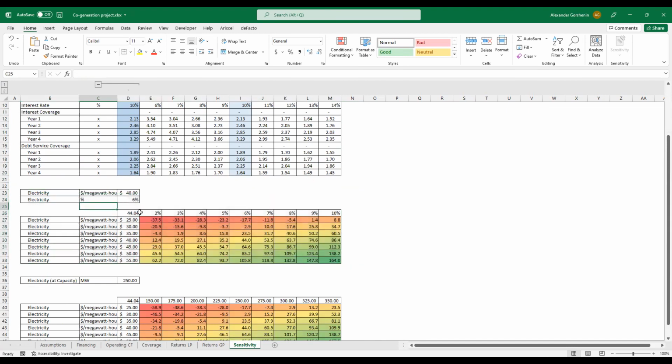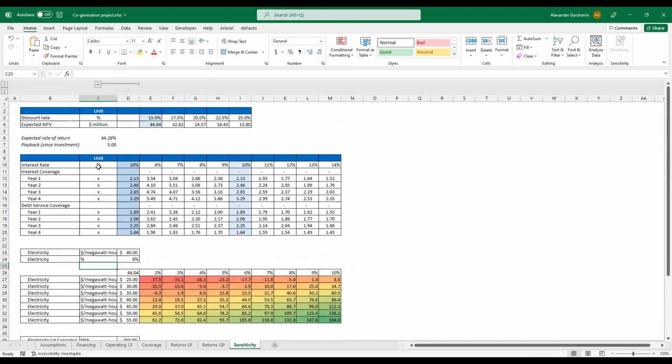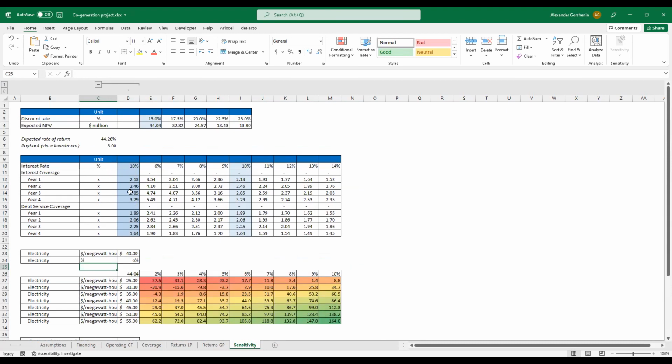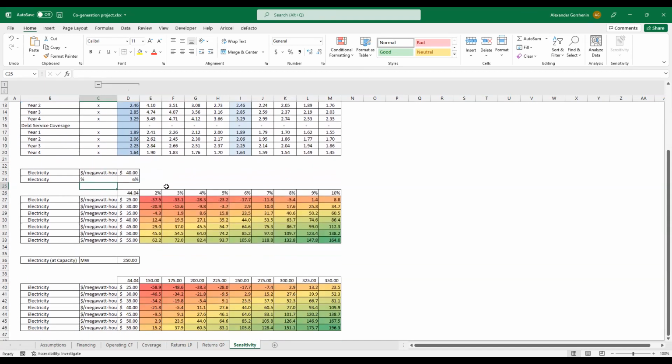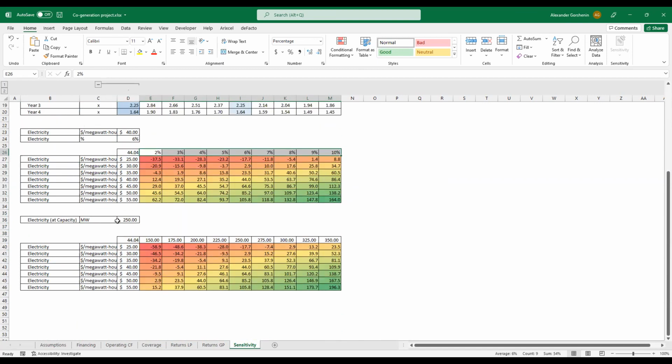So, for example, similar to the sensitivity analysis of the interest coverage ratios and debt service coverage ratios to the interest rate, we can perform the sensitivity analysis for changes in the base price for electricity per megawatt hour and the growth factor, as well as for output.